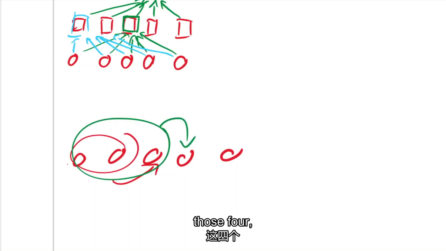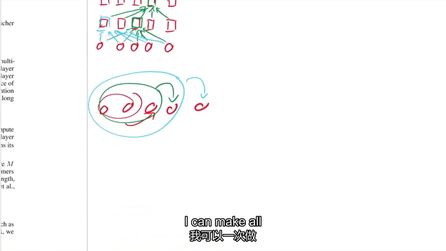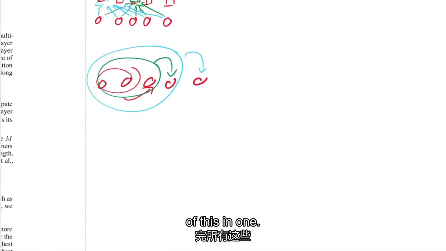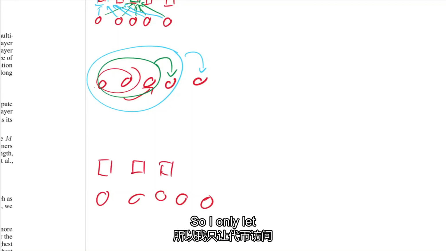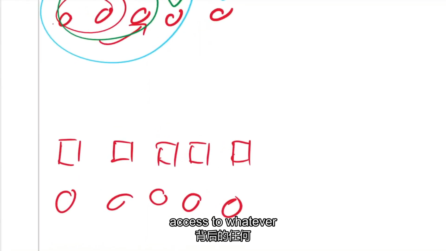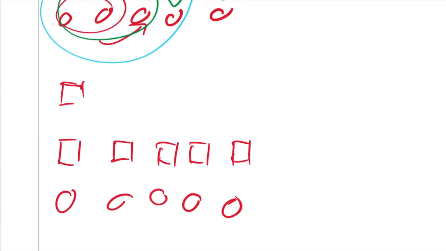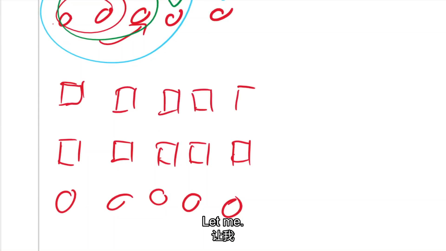And if I input those four, I want to predict this one. I can do all of this in one pass if I set my information flow like this, so I only let the tokens have access to whatever is behind them. Those are these decoding-only transformers.